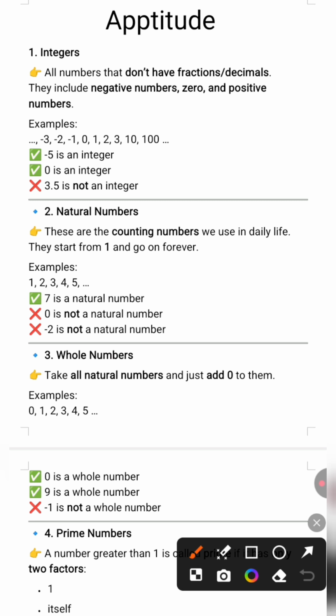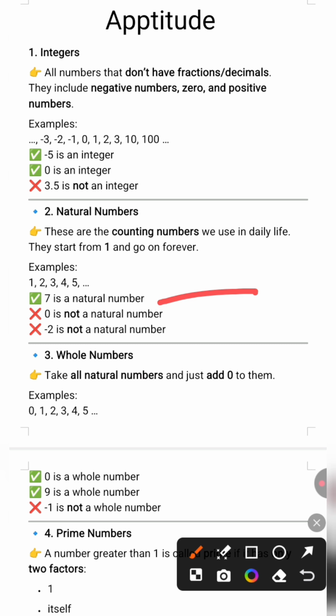Then let's talk about natural numbers. Natural numbers are the numbers we use for counting things, and they are also called counting numbers in daily life. They start from 1 and go on forward to infinity. 7 is a natural number because it is a counting number and starts with 1. 0 is not a natural number because natural numbers start with 1.